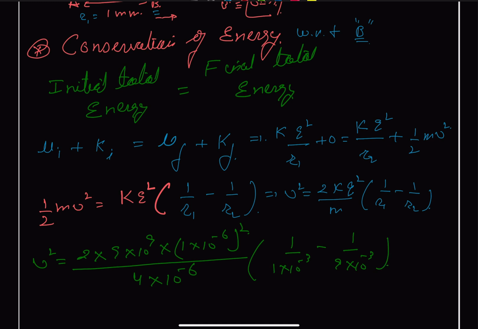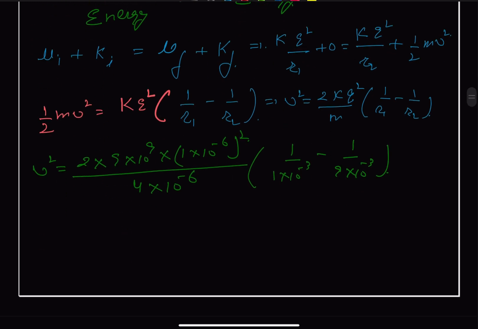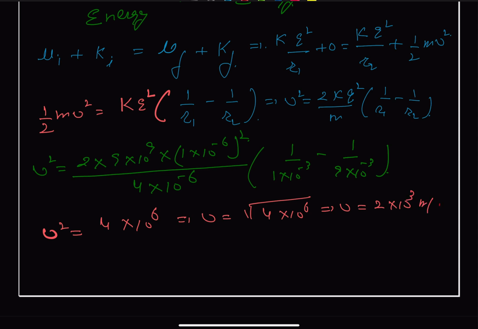Now these are all our calculations. So v square will be equal to 4 into 10 to the power 6. So v will be equal to square root of 4 into 10 to the power 6, which gives that the velocity will be equal to 2 into 10 to the power 3 meters per second.